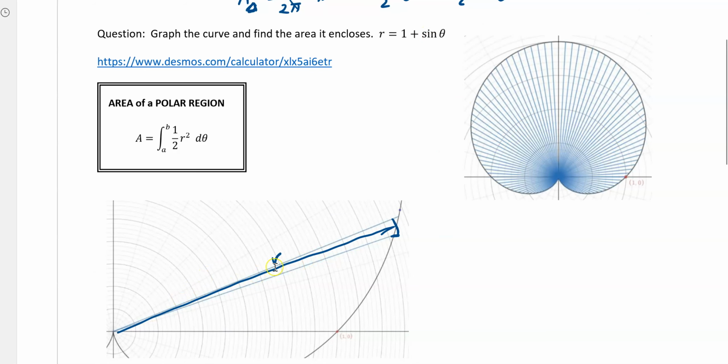Its angle itself is d theta. If you remember our integrals, we're going to go through this as a sum, but the area of our sector becomes 1/2 theta r squared, and our theta here is actually a d theta. So that is the angle of our sector.